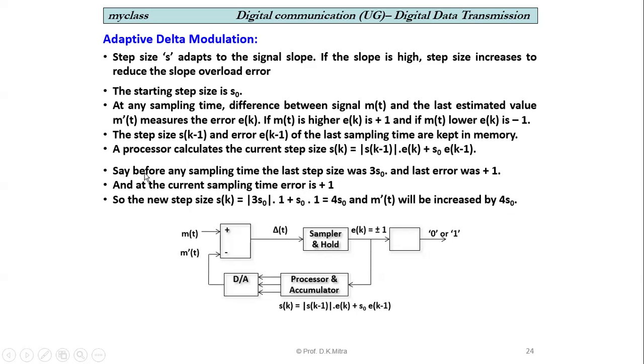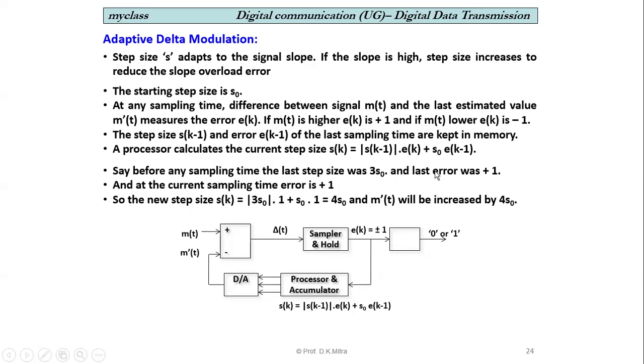Say, before any sampling time, the last step size was 3S0. I am doing a sampling now. I have taken the sample and I remember my last step size was 3S0 and the last error was +1.